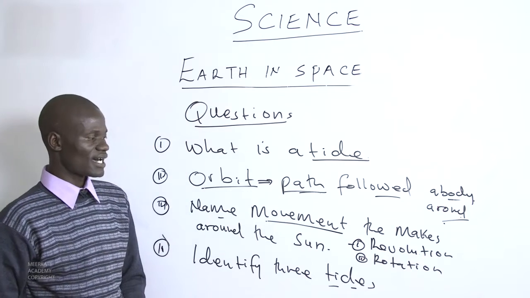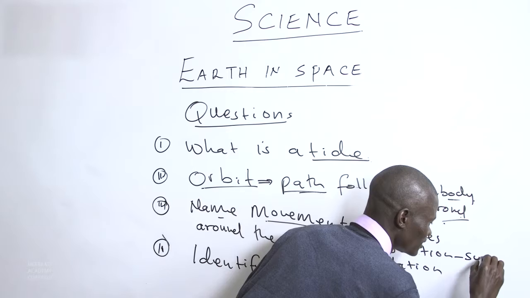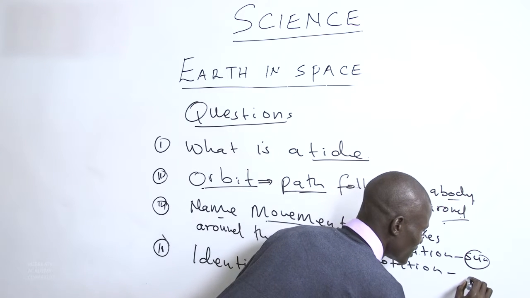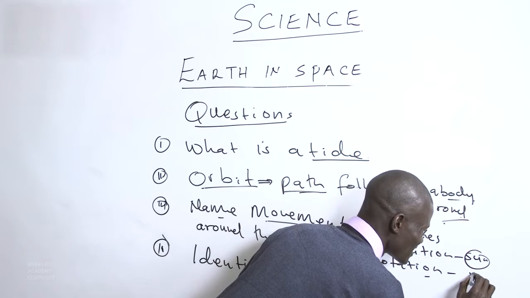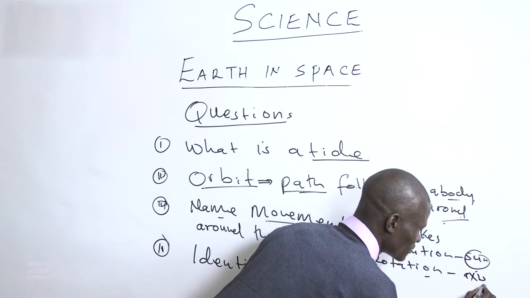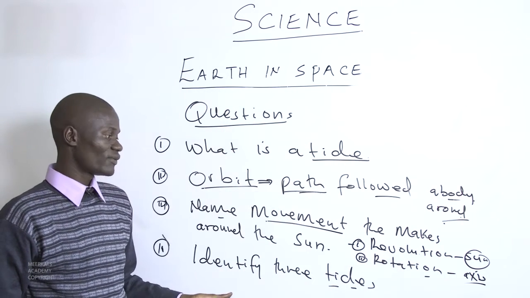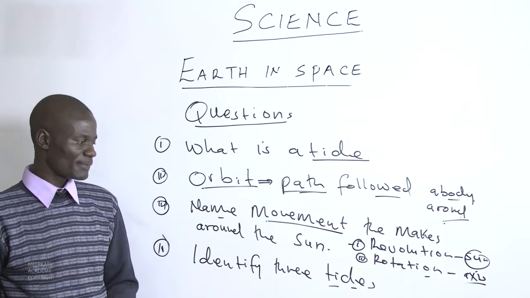Revolution is about the sun, the earth goes around the sun. And then rotation is around its axis.